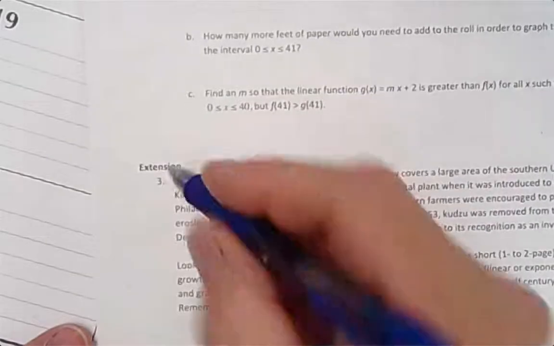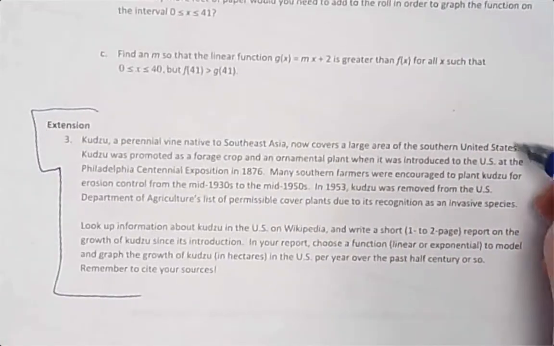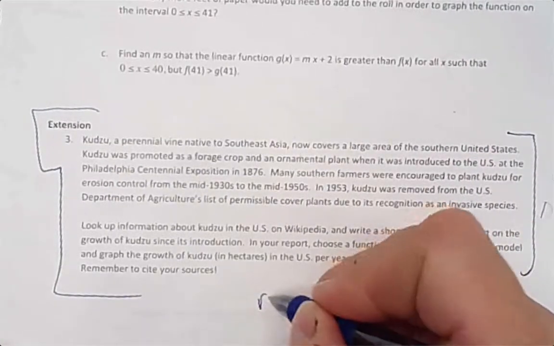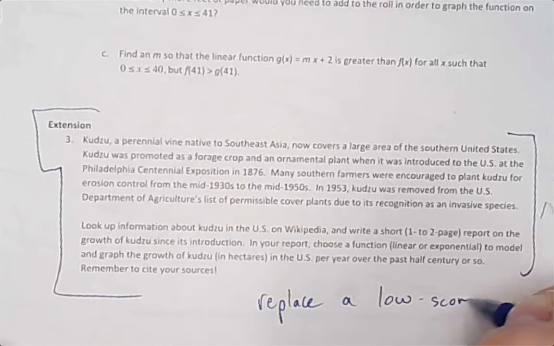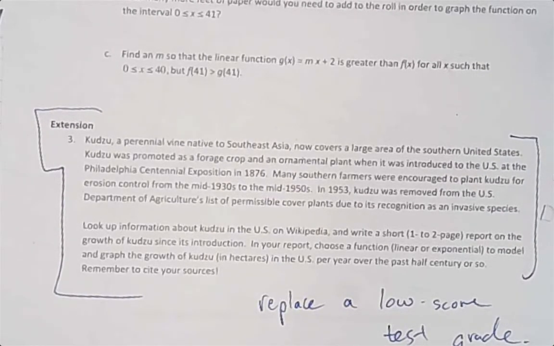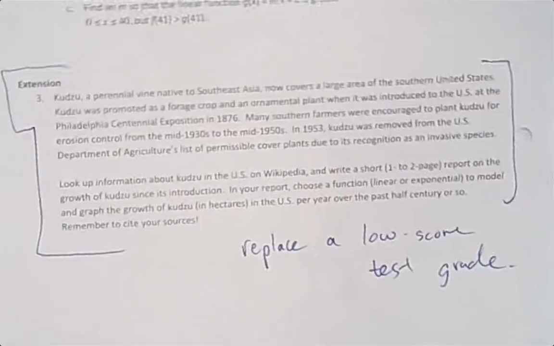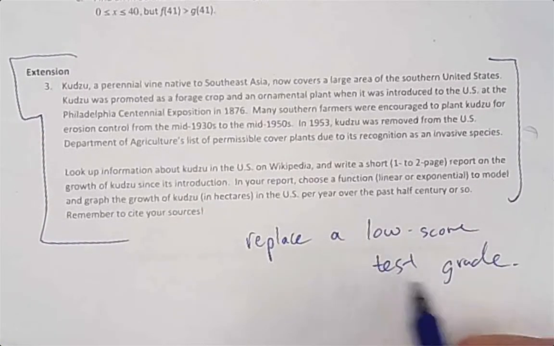And you know what? If you want bonus points, I want to see a good report. I'm thinking like I might replace a low score test grade. If you do a report on kudzu, trust me, I'll read it. Trust me, if you cheat me, I will find out. But replace the low score test grade, do your best work.